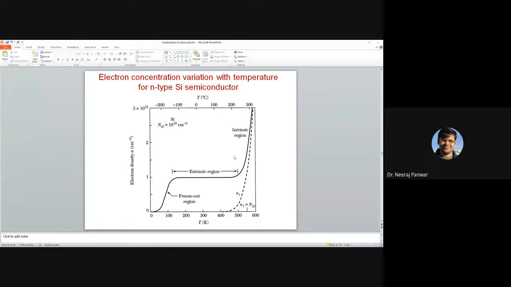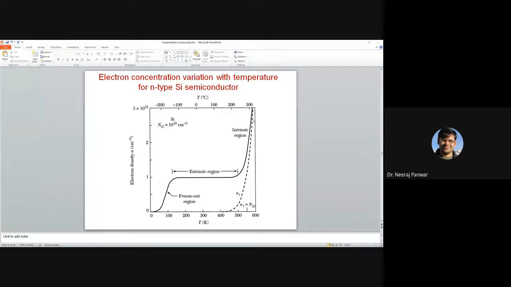In this region, the electron concentration is increasing due to the breaking of covalent bonds. That's why it is similar to the intrinsic region. As the temperature is increasing, the electron concentration increases like this.